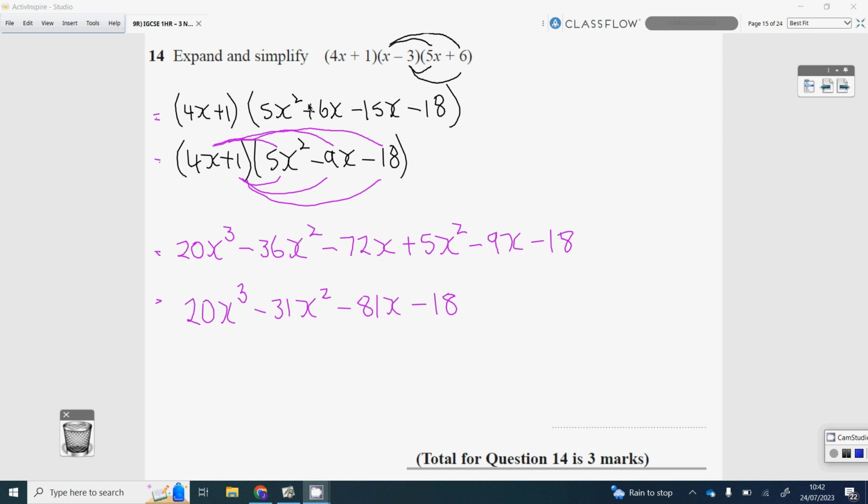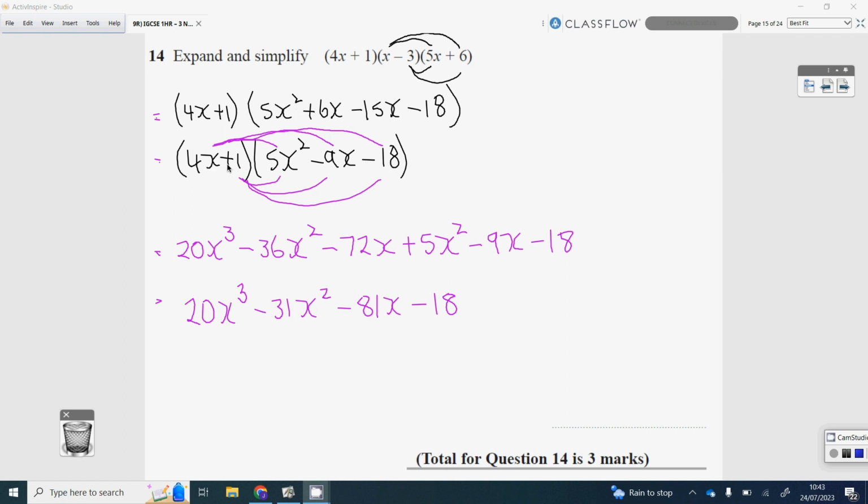Then next step, go and gather together these two middle terms. 6x minus 15x is minus 9x. And then third, my next step, I'm going to now multiply this bracket by this bracket, giving me 6 clause. So 4x times 5x squared, 4x times minus 9x, 4x times minus 18.